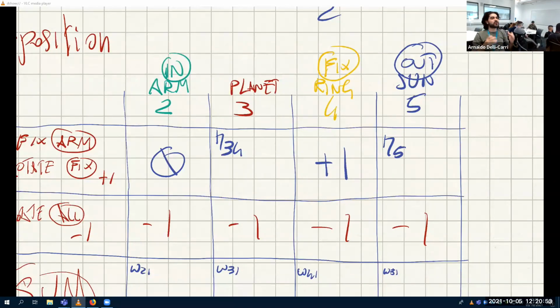Okay, don't be fooled. It depends on what you are rotating and what you are observing. This is the column 3. So we are observing what's happening to 3 when I rotate 4. And this is what's happening to 5 when I rotate 4.